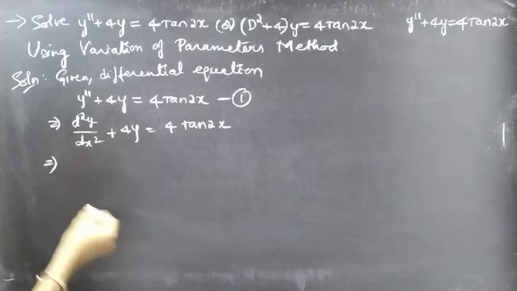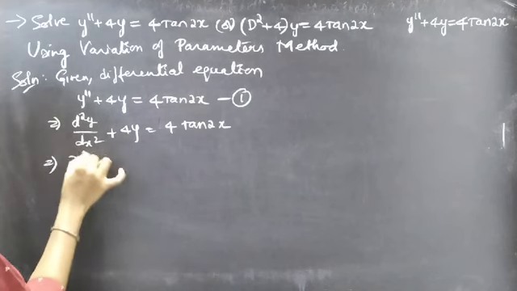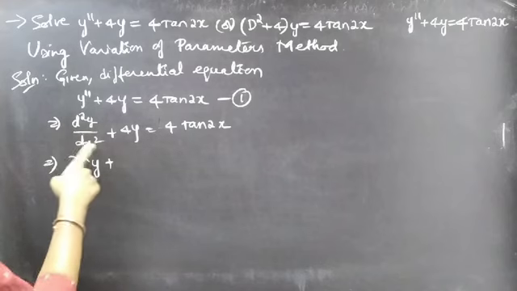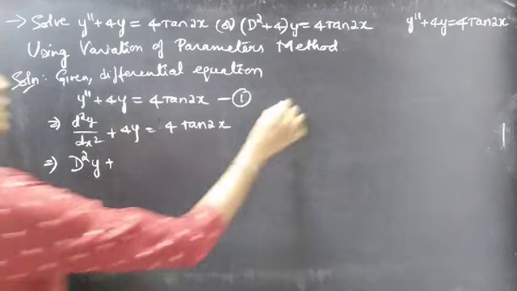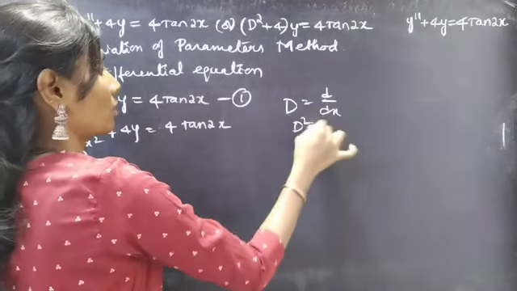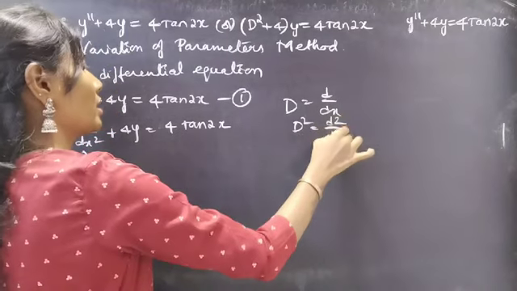We can write d square y by dx square as capital D square y, since capital D is a differential operator, right? Since D equals d by dx, then D square gives d square by dx square.